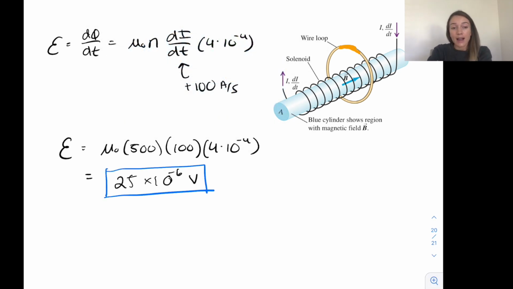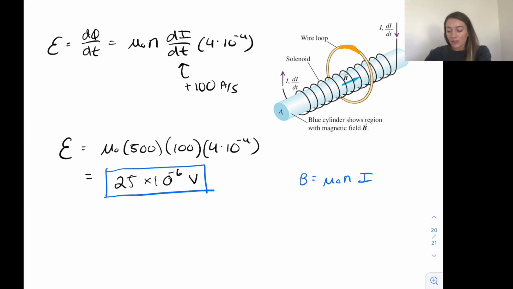And now I want to figure out what direction that EMF is in. So the direction that will have an induced current in this wire, if I know that the current is increasing in my solenoid, as I increase my current, that's going to increase my magnetic field, right? Because we said that the magnetic field for a solenoid was given by this. So obviously if I increase I, that will increase B as well, since μ and n aren't changing.